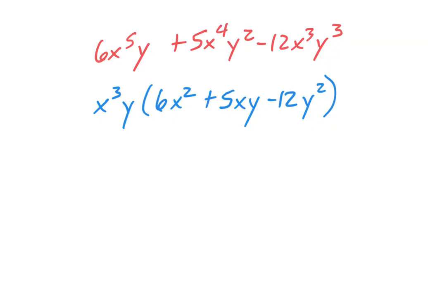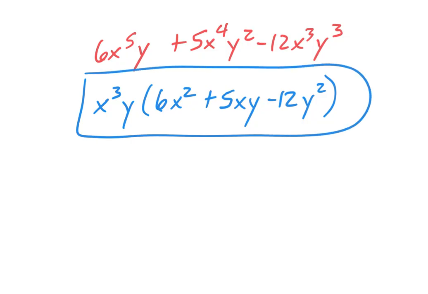But you would have to check that just to make sure you can't do anything else with it. So this is as far as I can go, and we'd be done. Okay, let's try this one.